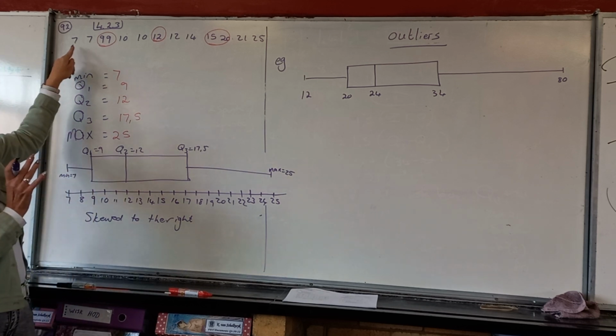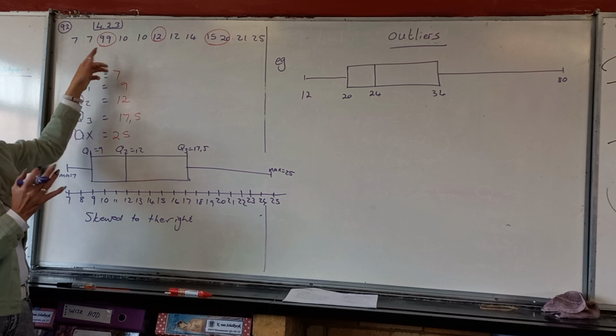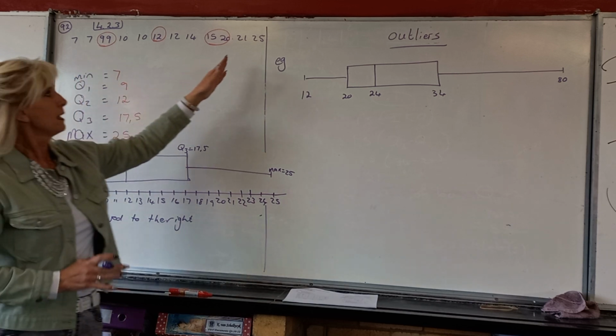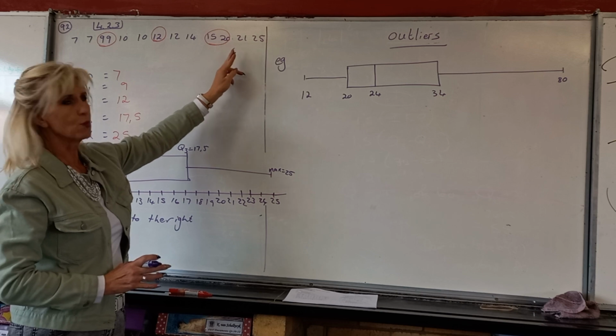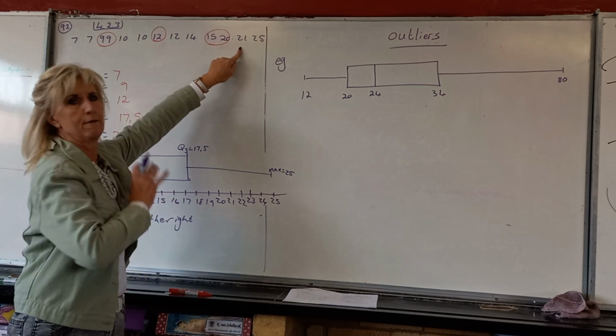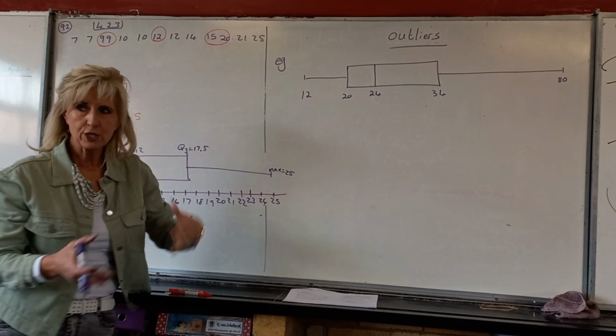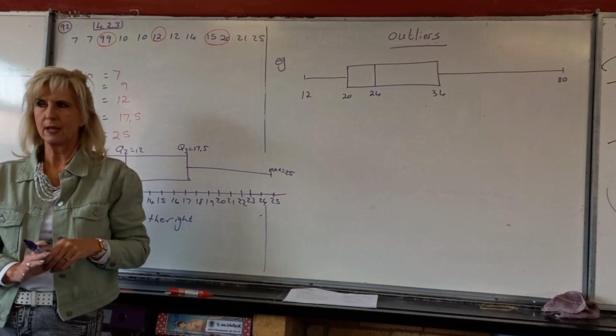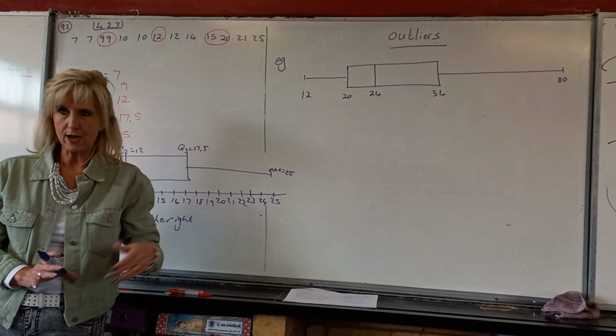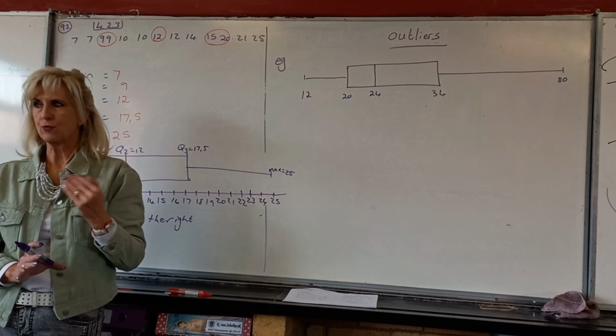Now the smallest one was 7, 9, they're all quite close together. This side, a little bit more spread, but there's not one that's like 21 and then 40. Usually when they ask you to identify the outlier, there should be one. If they say, is there an outlier, then it could be yes, there is, or no, there isn't.